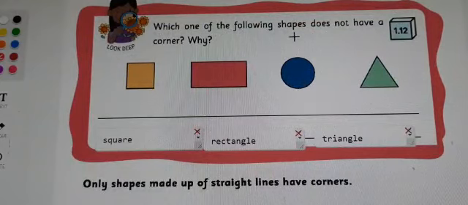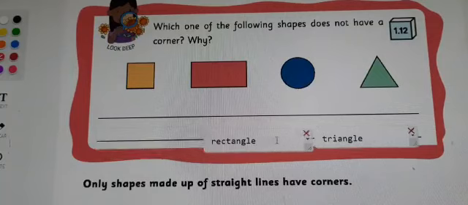Which one of the following shapes does not have a corner? Which shape? Circle. Circle doesn't have a corner because it is curved. Its face is curved. Now let me delete this.